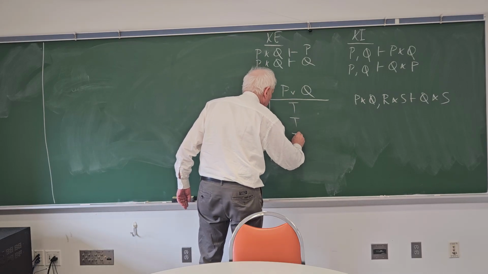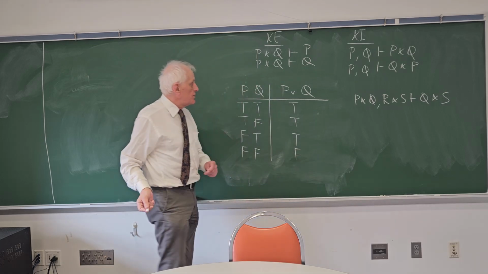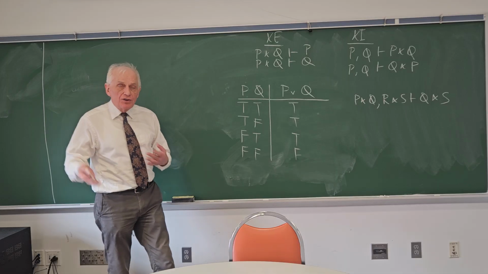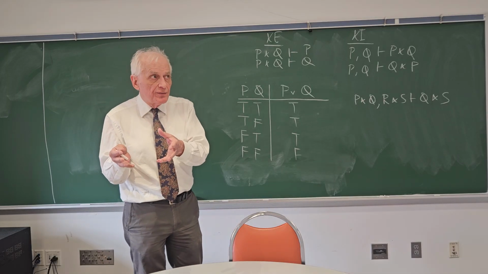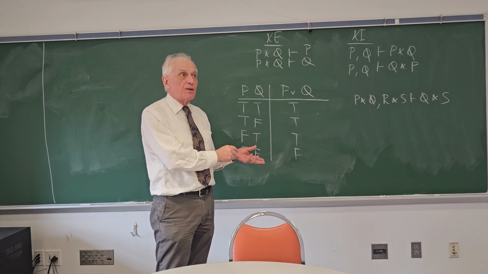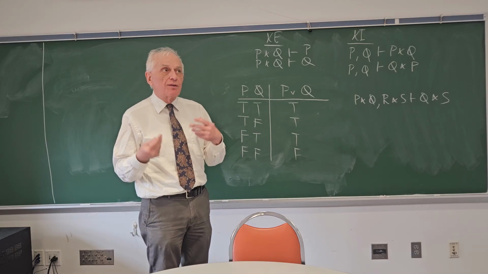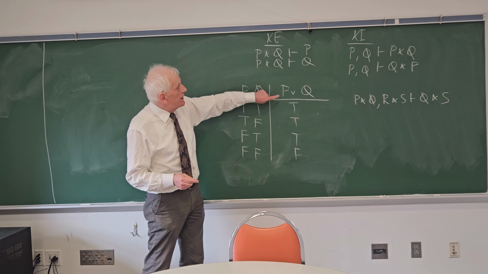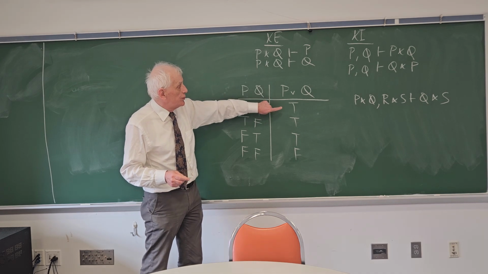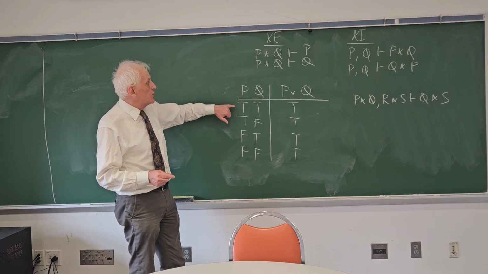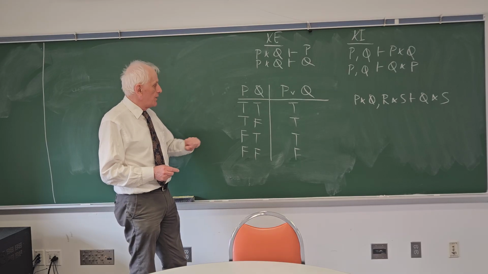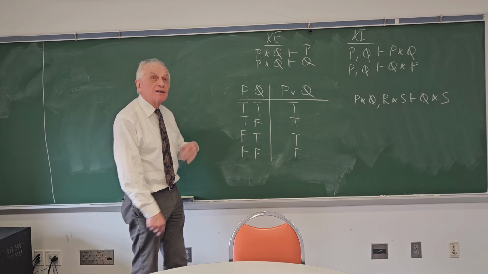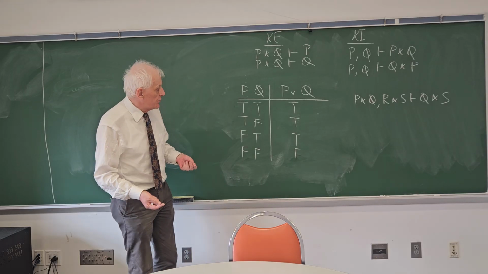The disjunction is true just so long as at least one of the disjuncts is true, right? So whereas with the conjunction, you can go from the truth of the conjunction to the truth of the left conjunct, or to the truth of the right conjunct, you clearly can't do that here, because knowing that either P or Q is true doesn't tell you whether you're on the top line, where they're both true, or the second line where the left disjunct's true but the right one is false, or the third line where the left disjunct's false and the right one is true.